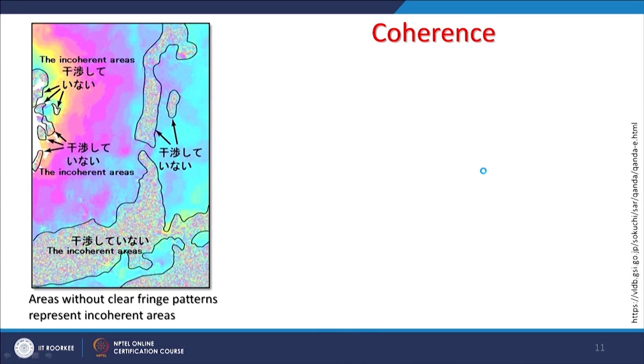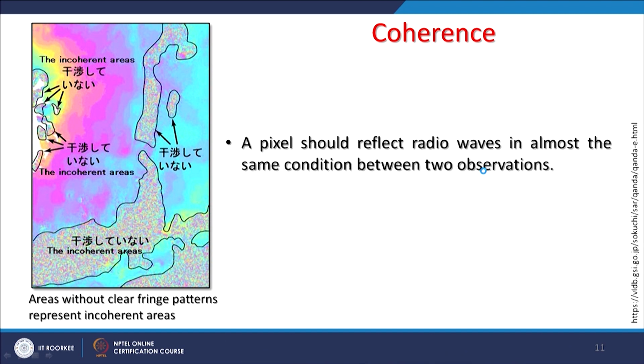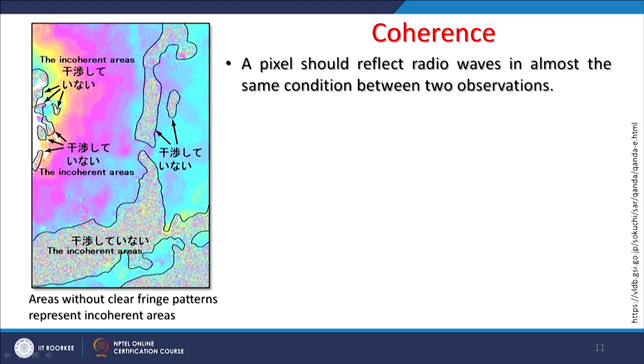Now, another important aspect is the coherence. Like in this example which we are seeing, wherever we get no clear-cut fringes, there is only a speckle kind of characteristic in interferograms.